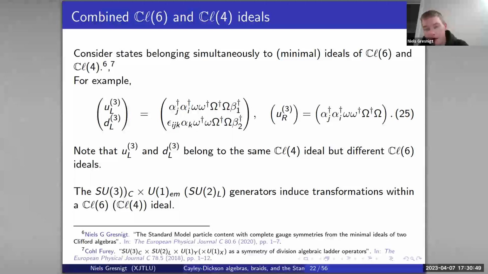Whereas if you look at the right-handed up quark, again, the left-hand side in the last brackets tells you the electric charge and the color, whereas the bit on the right-hand side, which in this case is just 1, tells you that it's going to be a singlet with respect to SU2. So I don't think you need to introduce an additional CL6. I think one copy of CL6 is actually enough. One copy of CL6 and one copy of CL4.